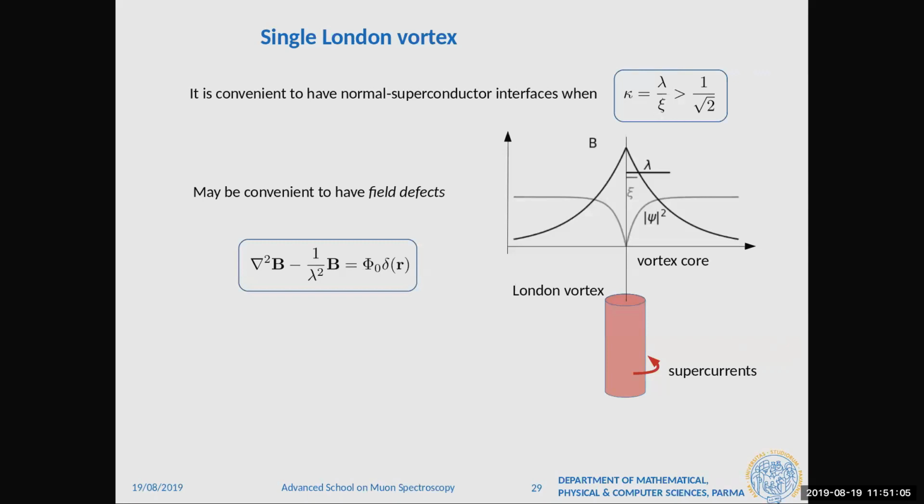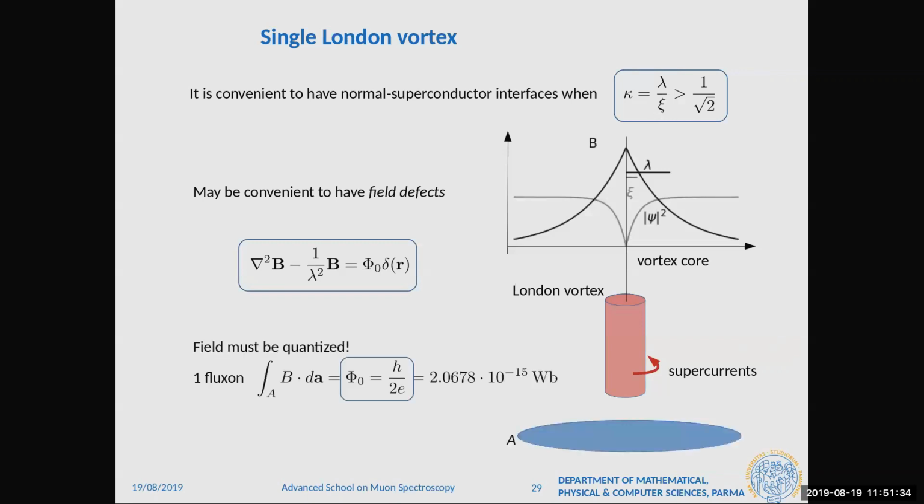It turns out that the London field equation had zero here. It was the Laplacian of B equals 1 over lambda squared B. Now I've taken all the B part on the left side, and on the other side I've put phi 0 delta of r. Phi 0 is actually a flux quantum. It means that it's not really important what the field is here. The important thing is that the magnetic flux that you intercept if you take an area around that is one quantum.